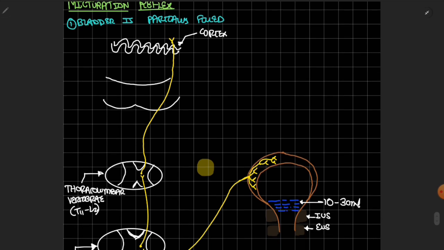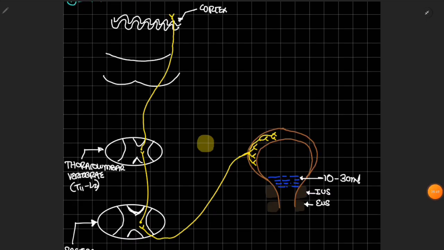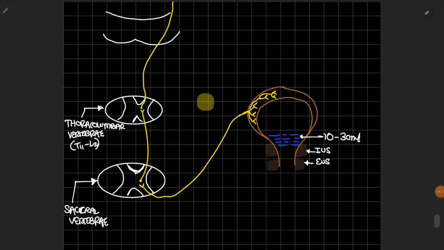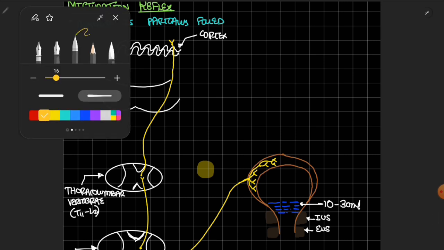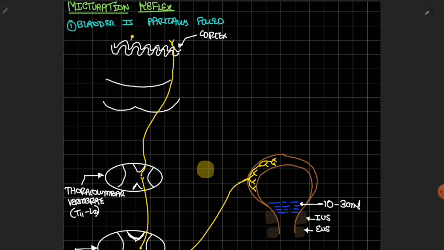Since the urine is not enough, we shouldn't initiate the micturition reflex. So the cortex sends some signal. Now we will go to the efferents. The cortex sends a signal to the pons.